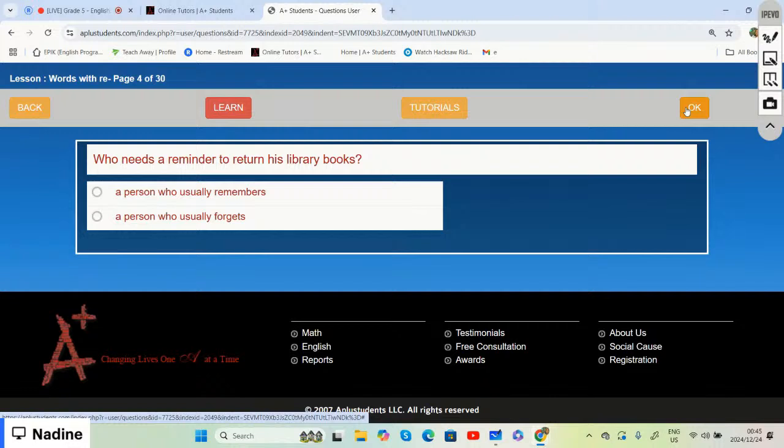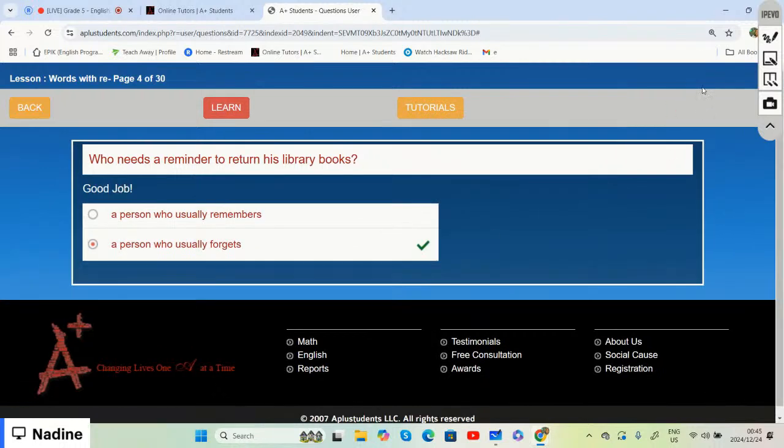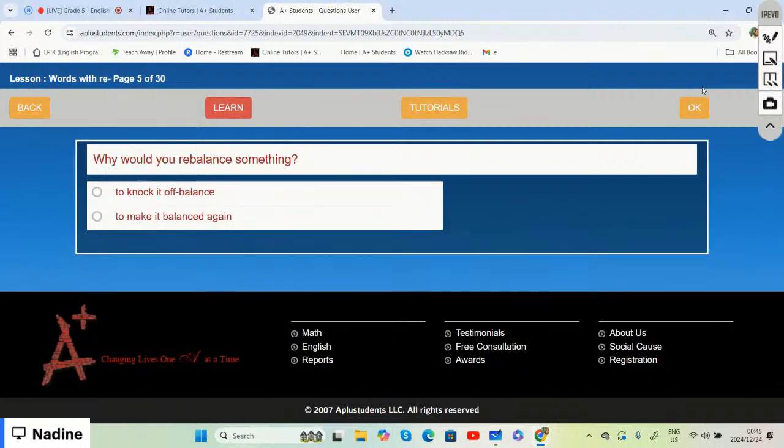Who needs a reminder to return? Then we can say it's a person, option two, who usually forgets. Like, yeah, I forgot that I need to return that book, right?